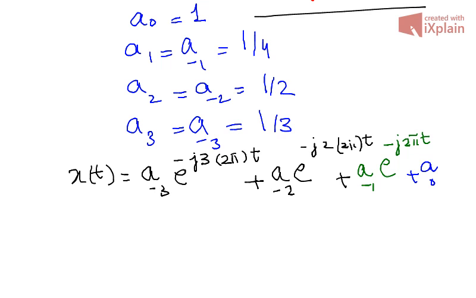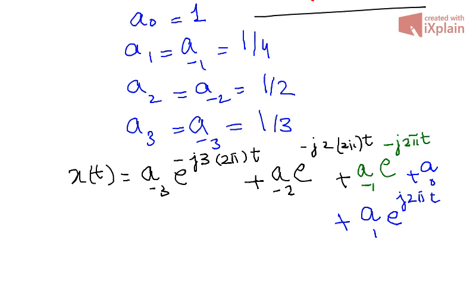Then I have another term a of 1. Let me arrange it in such a way, because all these are added, so I arrange it in such a way that the additive terms I'll write below a minus 1. So I have another term a1 when k is equal to 1, and that will be e raised to the power j 2 pi t.